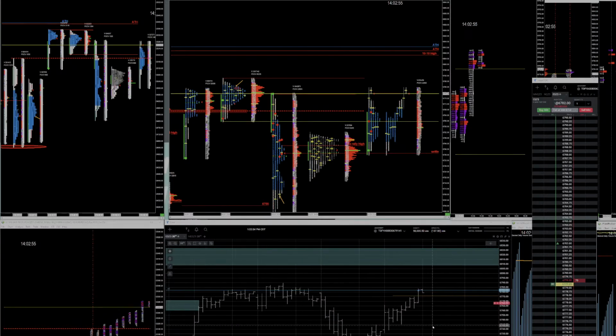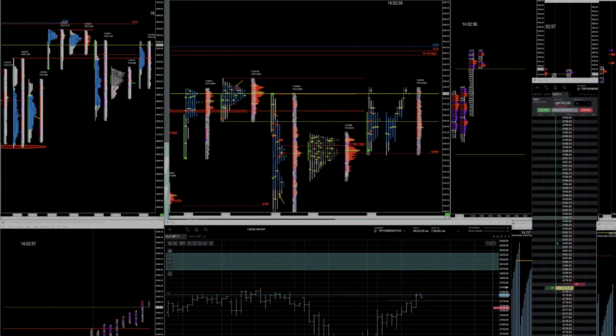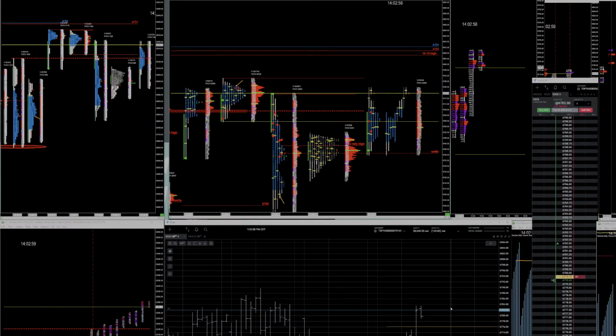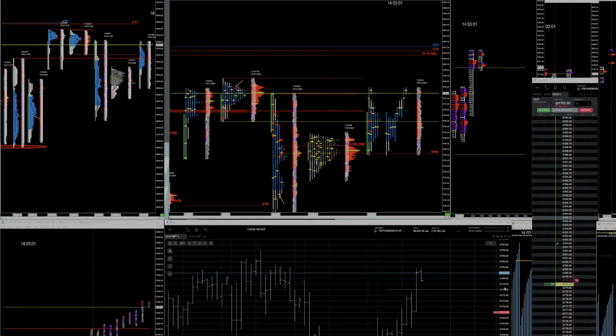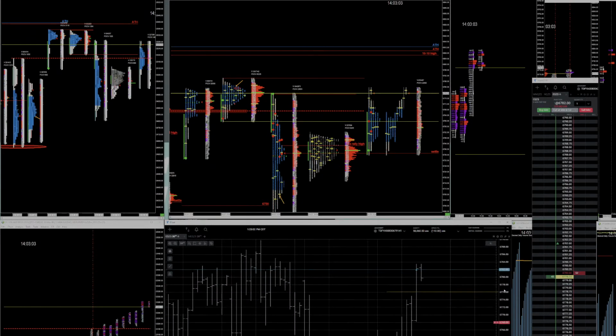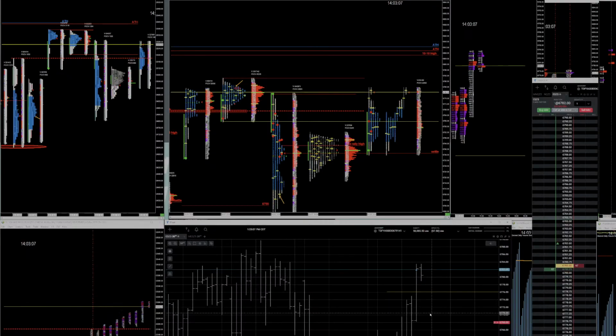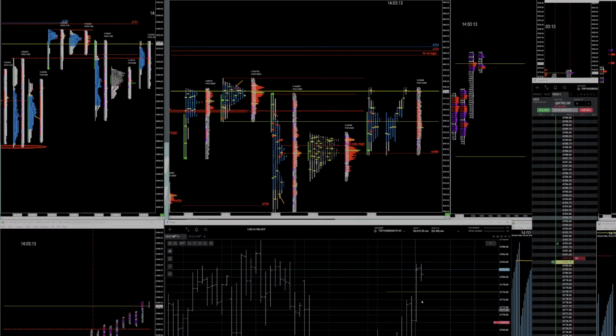Let me maximize. How can I maximize this? Okay, right there. All right. Down below this area and getting specifically back inside this range here.